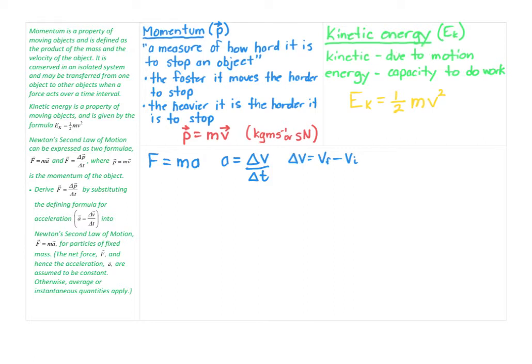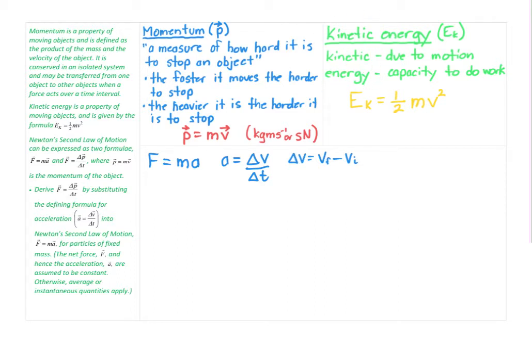Kinetic energy. Hopefully you've heard about kinetic energy before you get to year 12 physics. We use the symbol EK this year for kinetic energy, which is probably in line with what you've done before. And think kinetic is due to motion. Whenever we're dealing with the energy an object has due to its motion, we're talking about kinetic energy as opposed to potential energy.